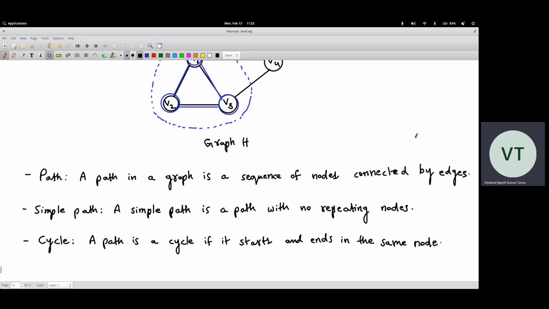Suppose some path starts at A, it comes back to A, but then it goes to B, then it's not a cycle. It should start and end at the same node. This is a path. If it ends at B, not A, this is a path of which there is a cycle as a subpart. A cycle should start and end at the same node. If it ends at a different node, then it's no more a cycle.